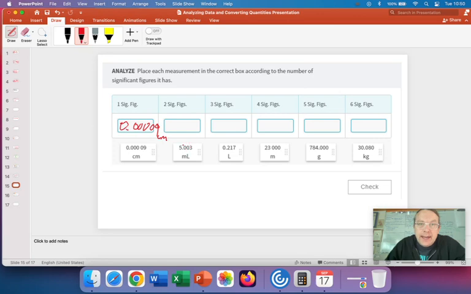This one, these are captive zeros, so they are significant. So this has 4. This 0 before the decimal point is not significant. It's just a placeholder for the decimal point. So we'd say this has 3. These zeros after the non-zero are not significant because there's no decimal point after it. So we'd say this has 2 sig figs.